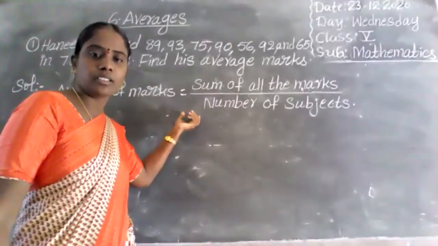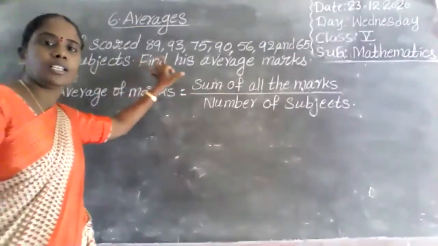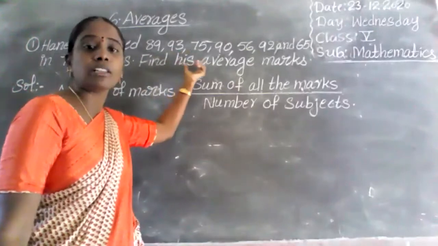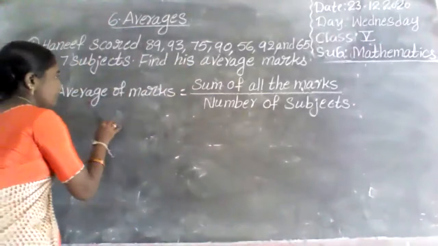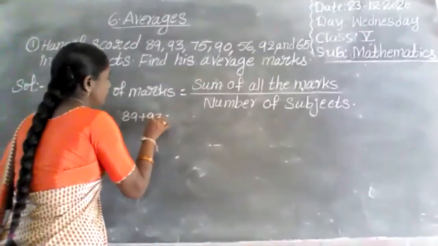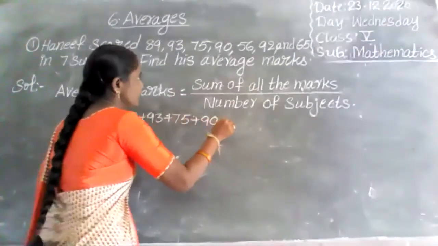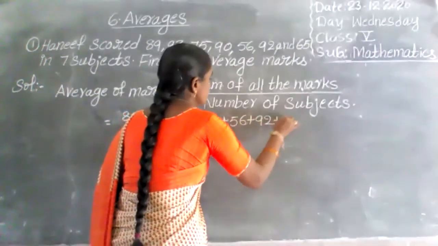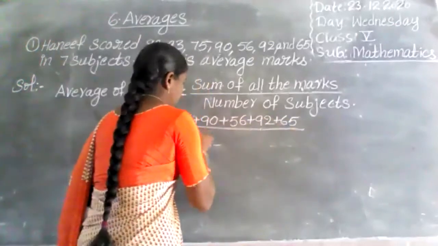How can we find out? First we have to find out the total. Add these numbers first of all. Sum of all the marks. Total of marks: 89 plus 93 plus 75 plus 90 plus 56 plus 92 plus 65, divided by 7.